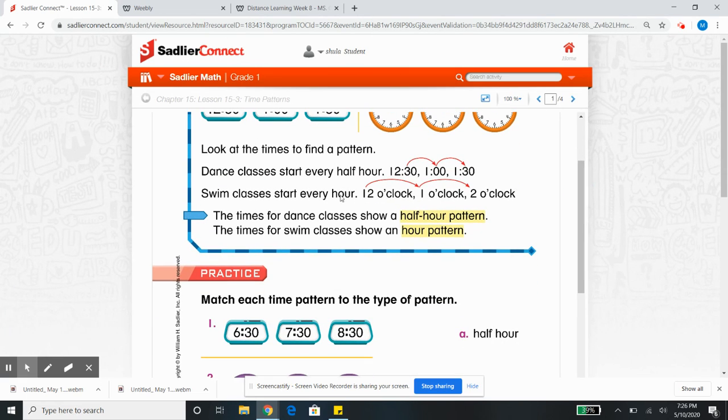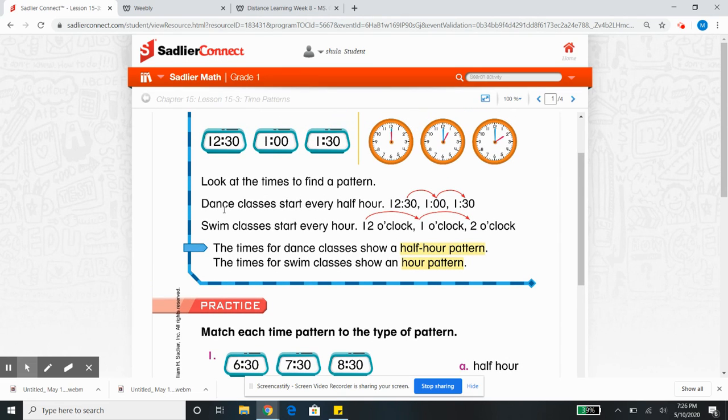Before I jump down there, let me read this for you. Look at the times to find a pattern. Dance classes start every half hour. That is true. Look here, okay? They have 12:30. I'm only going to jump 30 more minutes. And again, if this helps you on an analog clock, look at one on Google or, if you have one at home, that would be great too.